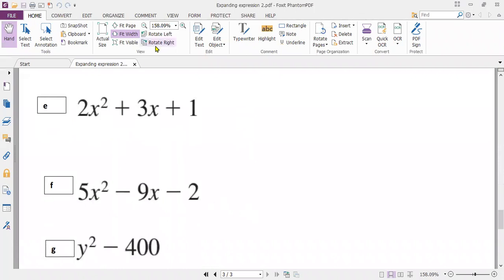What about this one? 5x squared. So 5x squared, it's 5x times x. And negative 2, we want to find two numbers, the product negative 2.